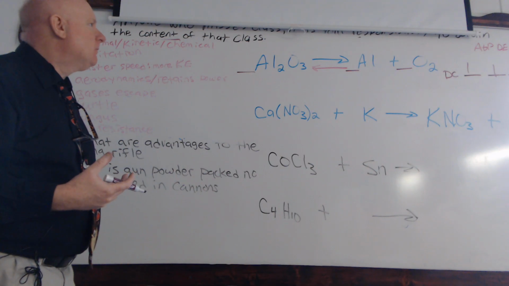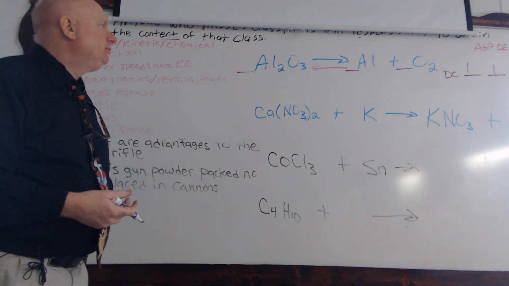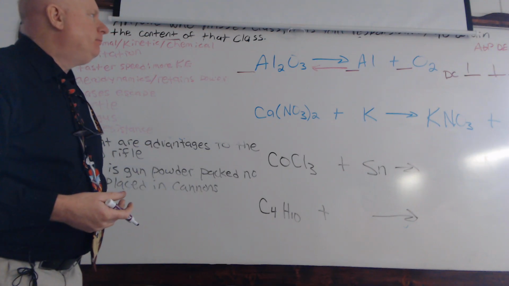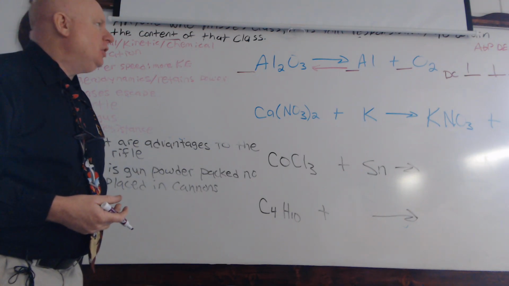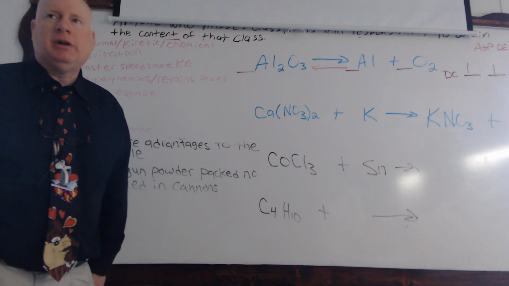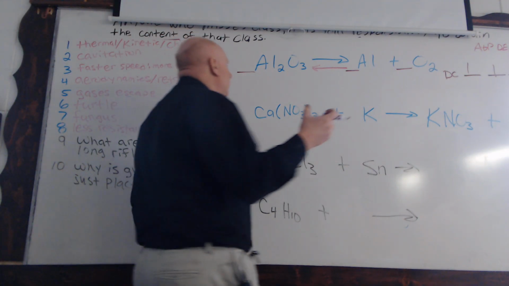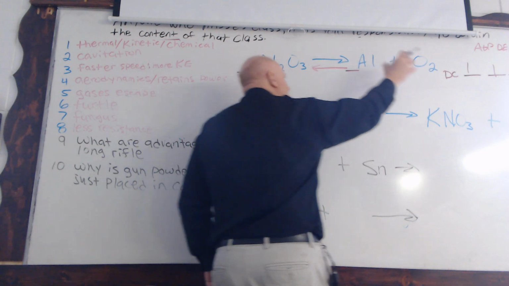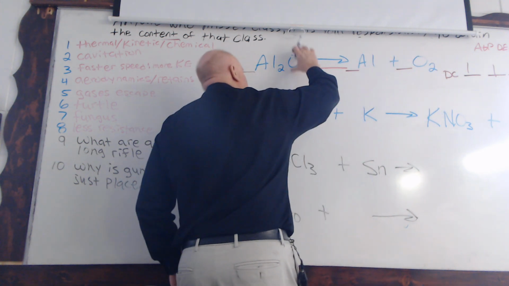So, where would we like to start with that? You can start with aluminum or oxygen, either one, doesn't make any difference. Okay? So these are odd, these come in pairs. So we have an even number and an odd number.